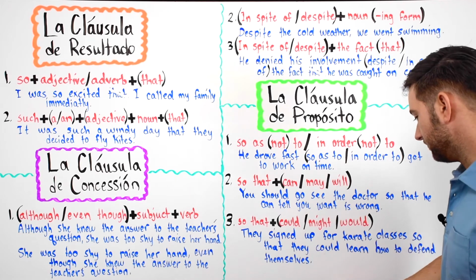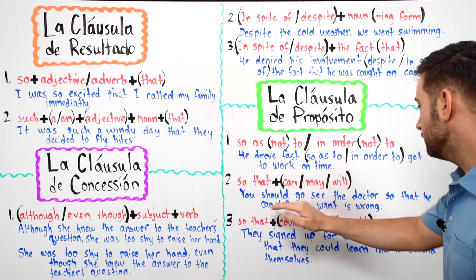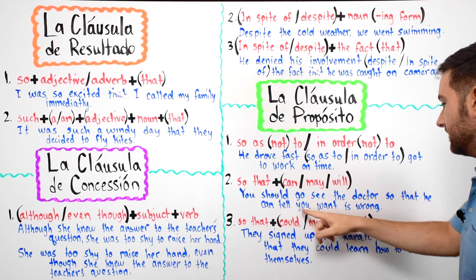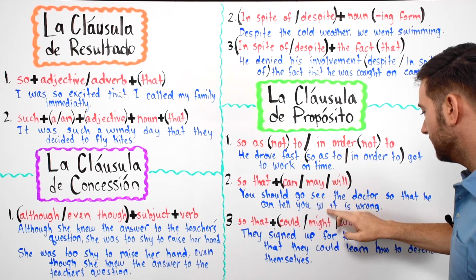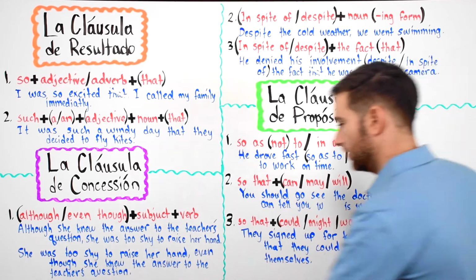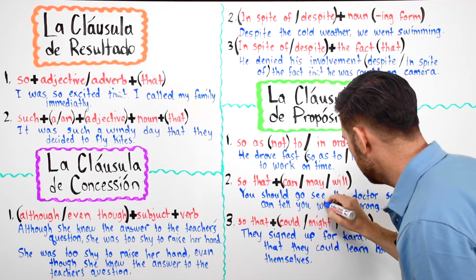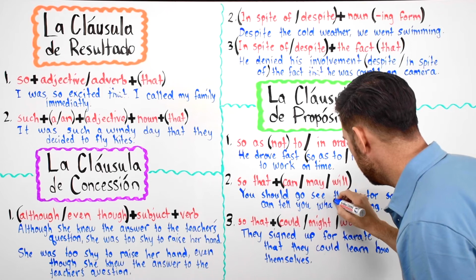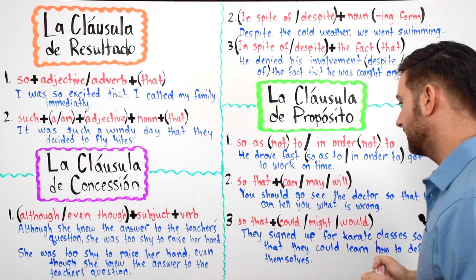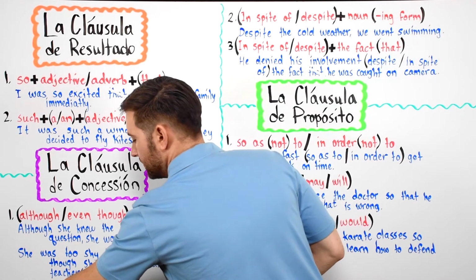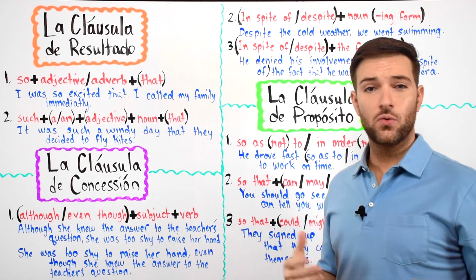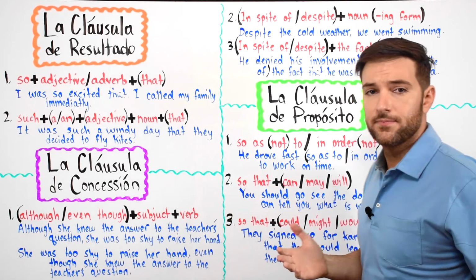Okay, we have a problem here. Okay, let me fix that. We have what, W-H-A-T. Again, you should go see a doctor so that he can tell you what is wrong, okay?